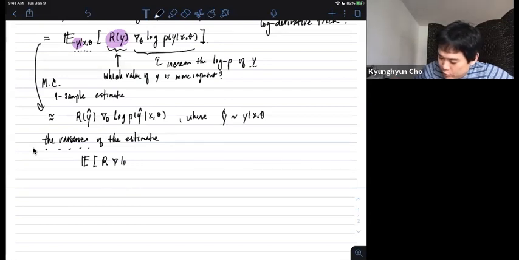I'm going to simply write it as the gradient of the log of p. Of course, I'm going to compute the log of p of y given x and theta, but it's going to be the same every time. So let's just use g star here. This is the correct, exact gradient.